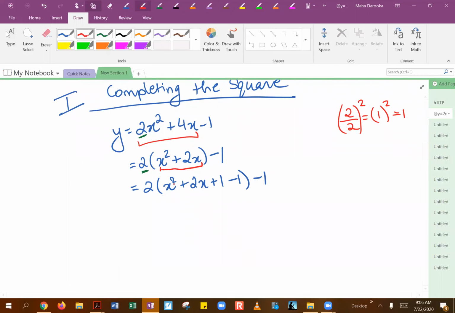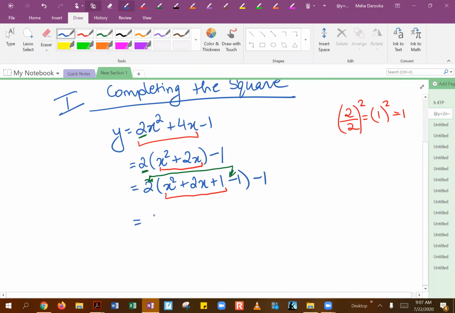For a perfect square trinomial, we just need these first 3 terms, which means that -1, we want to bring it outside of the parentheses. So remember, to bring it outside of the parentheses, you end up multiplying this -1 with this leading term of 2 over here.